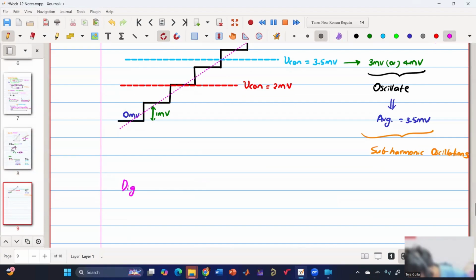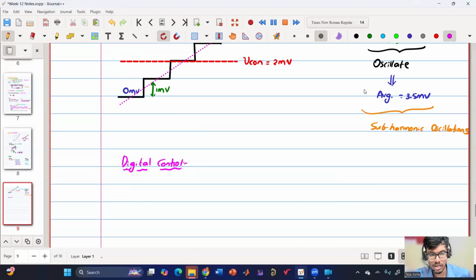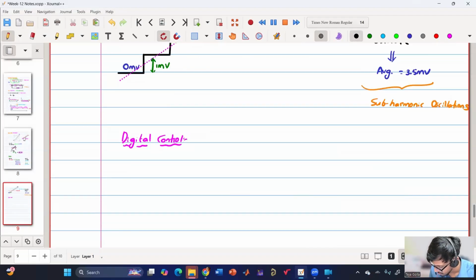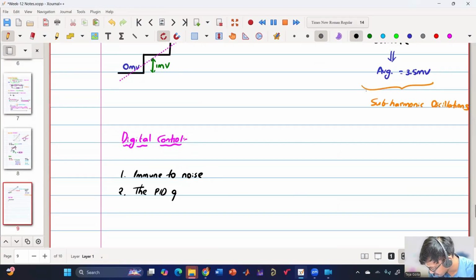say digital control, first of all, everything is digital, so it is immune to noise. Because in the case of analog, the noise can change the value, right? Also, the PID gains can be changed because it is digital.